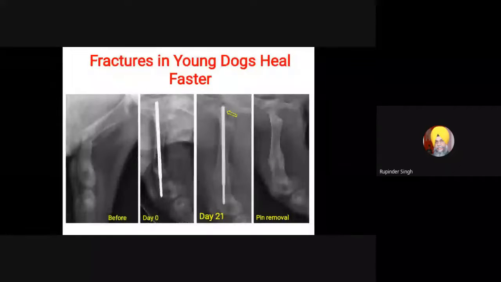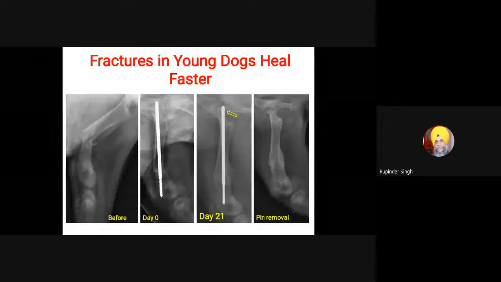But the major limitation, what I feel, is the strength of the bioabsorbable implants, because from what I have read in the literature as well, they don't have much strength, and they don't sustain longer.